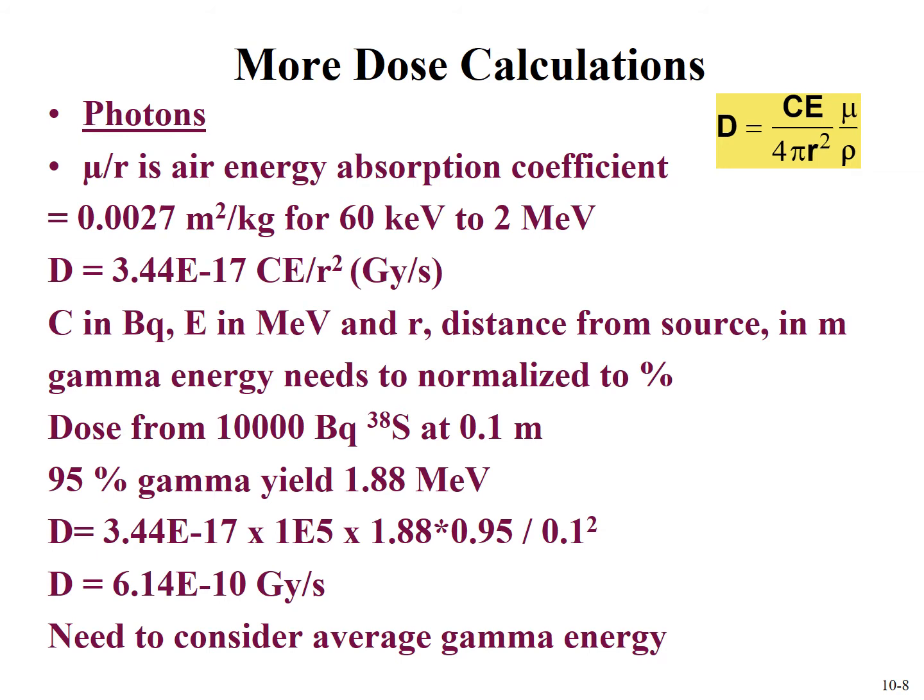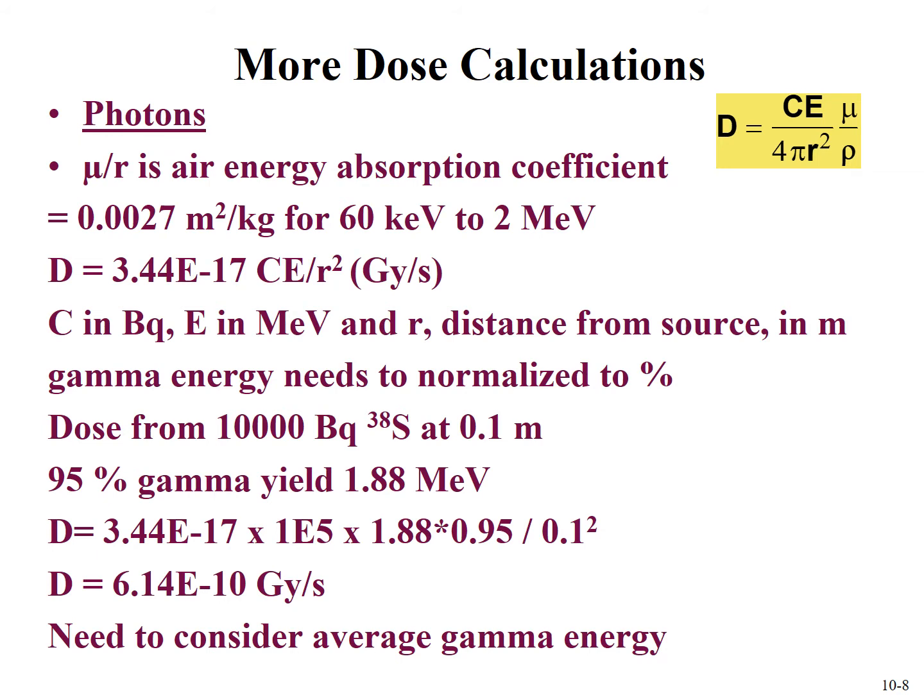And remember, we also need to normalize our gamma energy to the yield of photons. So when we take C in becquerel, unless the photon yield is 100%, we need to take that into consideration.